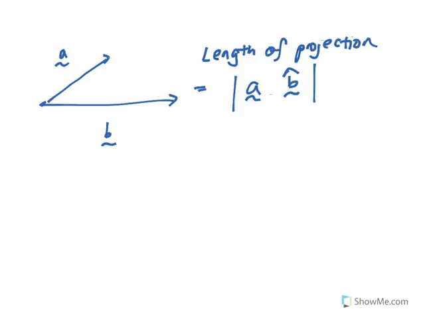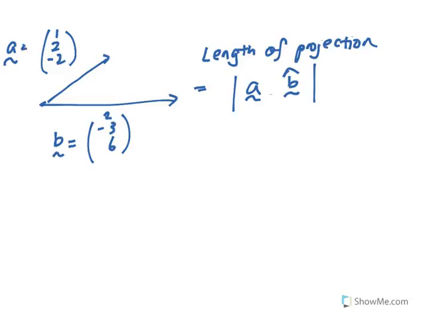Our A over here, based on the question, is 1, 2, negative 2. Based on the question again, what is B? Our B over here is 2, negative 3, 6. Right, so this is my B, and this is my A. Okay, can we find the unit vector of B? Yes, possible. Very quickly, just take the magnitude.